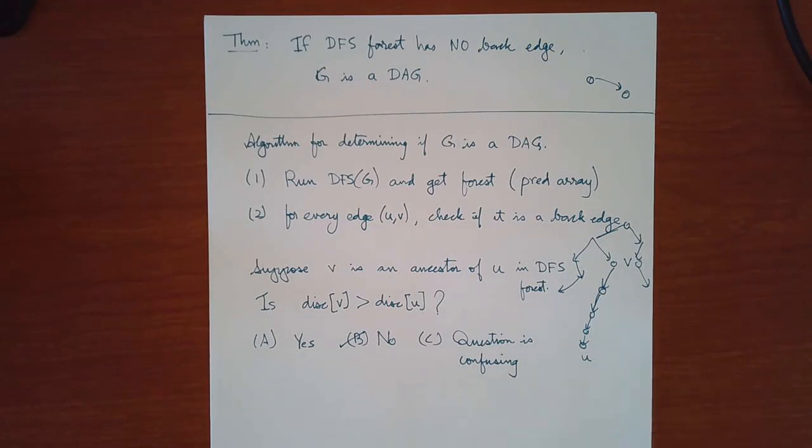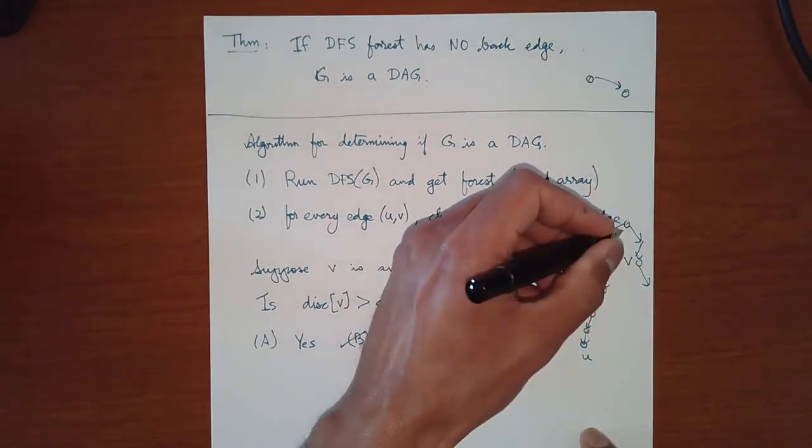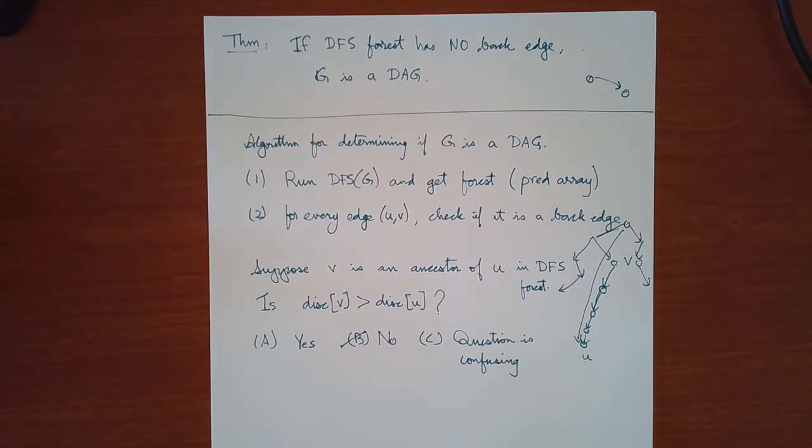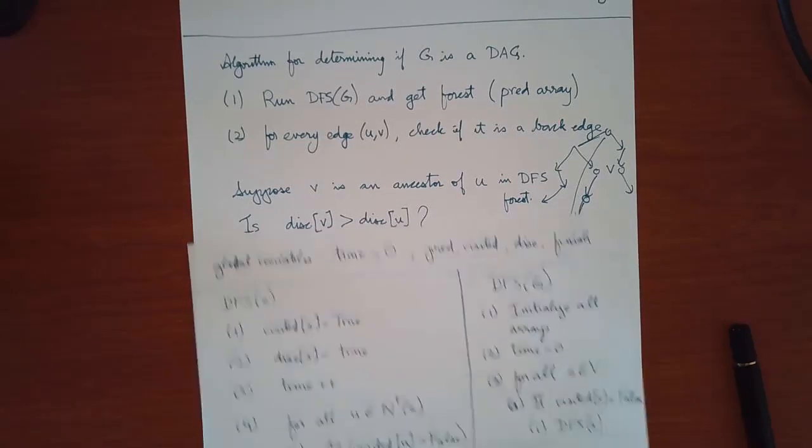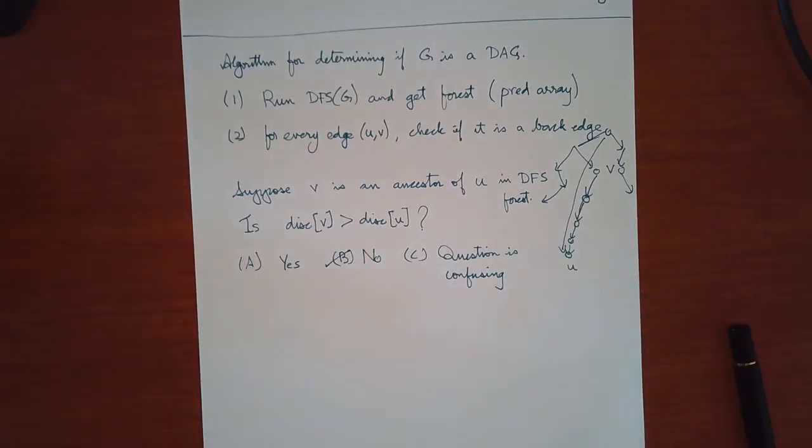Well, in that case, if we start at any point, V is most likely to be discovered earlier through the implementation of DFS before U. Why?